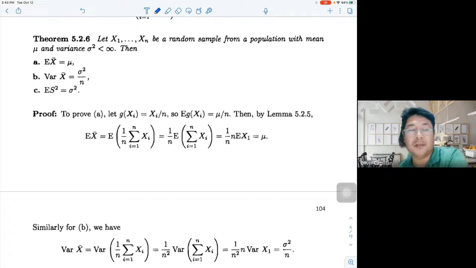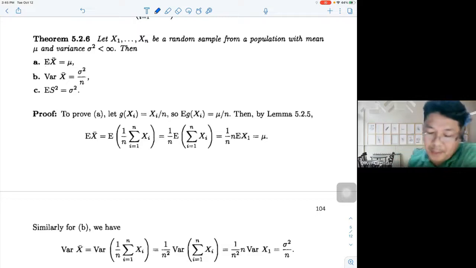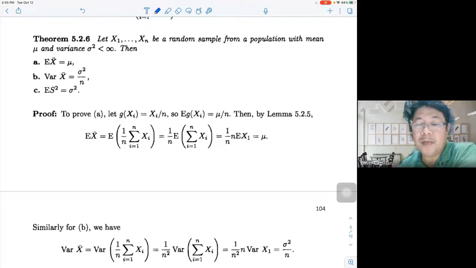For the expectation of x bar, the first equality, we just substitute the definition of x bar, and after that, the property of our expectation operator. Since we know that the mean of our random variables x sub 1 up to x sub n will just be equal to mu, this one will cancel out. Then we get n, and this one is equal to mu.